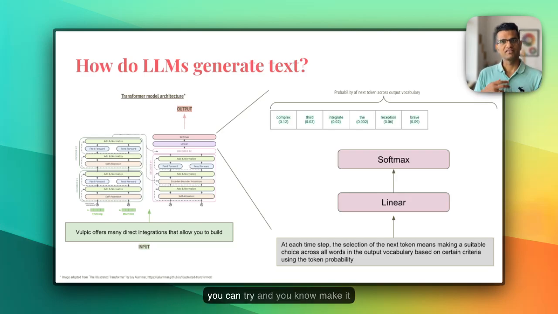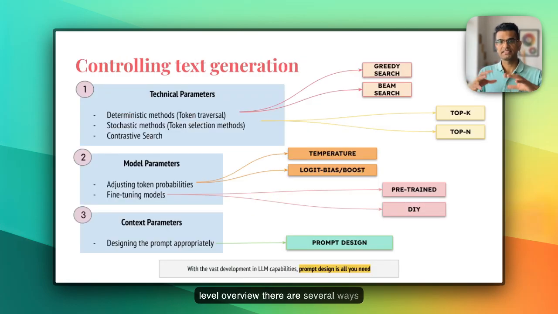But now you can try and make it more complex and decide how to generate different kinds of tokens. What are the strategies that you can follow? And that's really what is happening when you do token generation. Just to give you a high level overview, there are several ways in which you can control the text generation, right? In the end, the LLM is capable of producing a probability distribution across several tokens, across several time steps. And now the whole point is controlling the text generation to get what you want. Let's say you are trying to predict the sentiment of tweets.